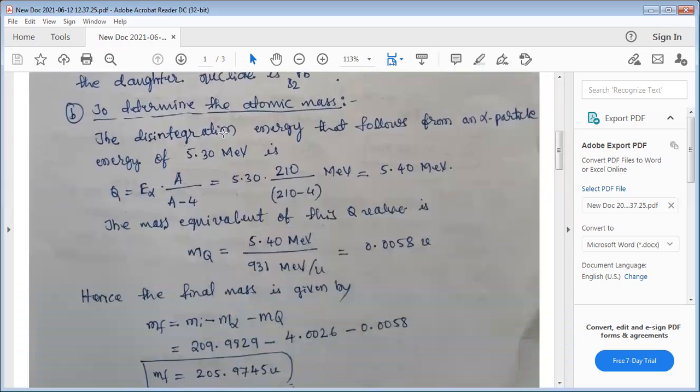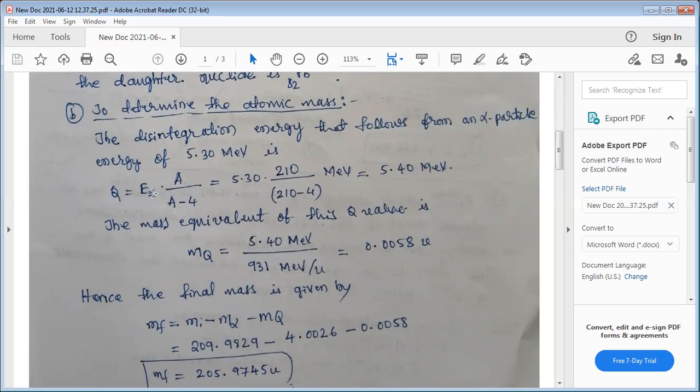To determine the atomic mass, the disintegration energy that follows from an alpha particle energy of 5.30 MeV is given by this equation, which we have already derived in earlier sessions.